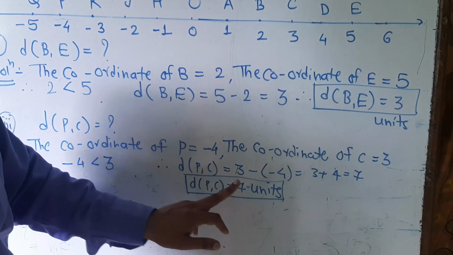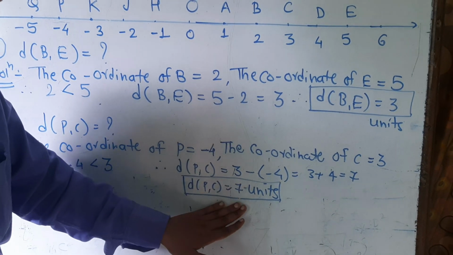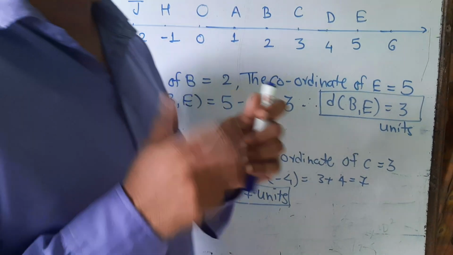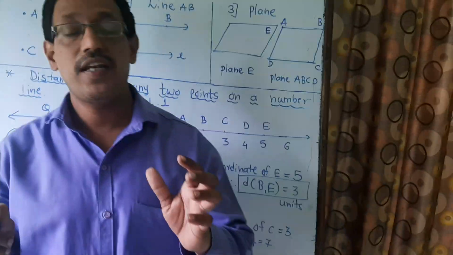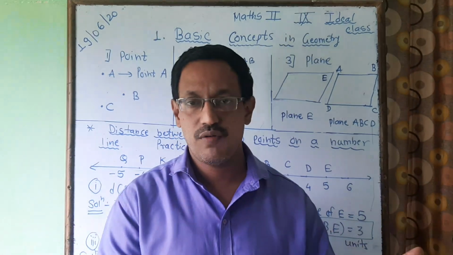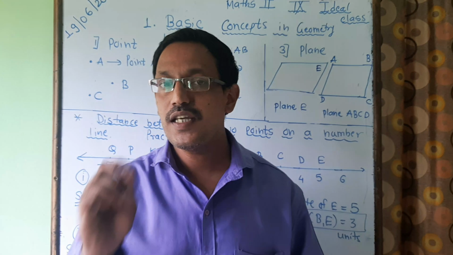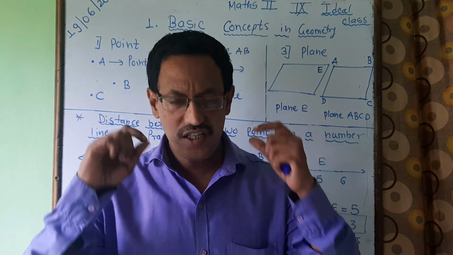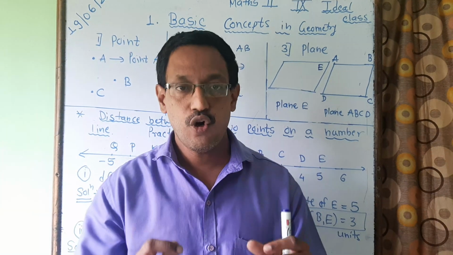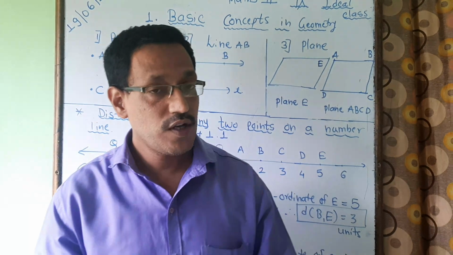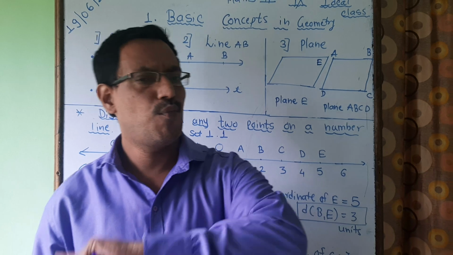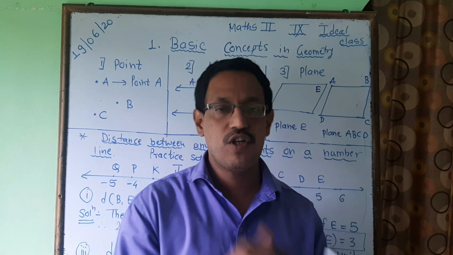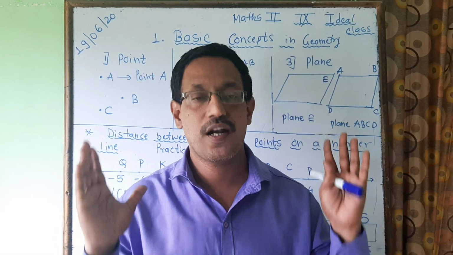So what you understood from these 2 sums is that whether the coordinates are negative or positive, distance is always a positive number. Keep in mind, distance is always a positive number, even if both coordinates are negative, or one positive and one negative, or both positive.